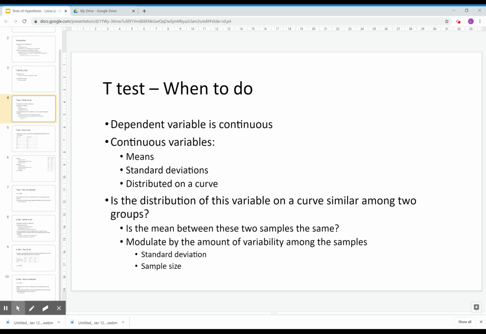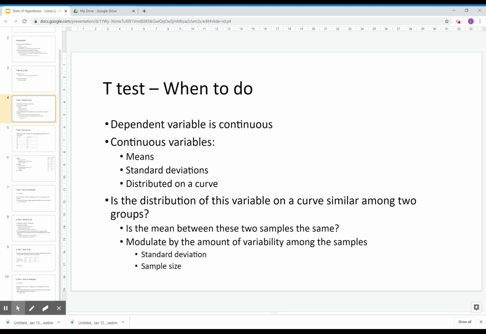The t-test is fundamentally to answer the question, is the distribution of this variable similar between two groups? To put this question into numbers in the language of biostatistics, we ask whether the average or mean is the same between two groups.